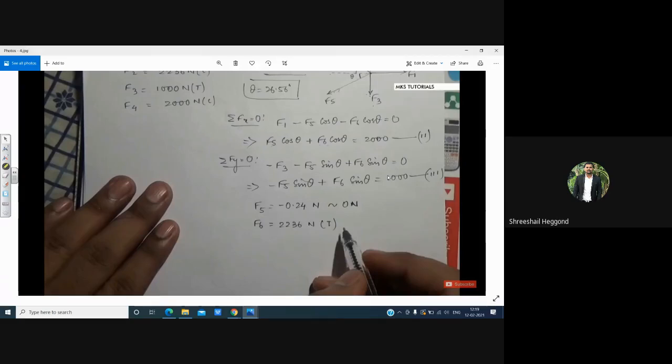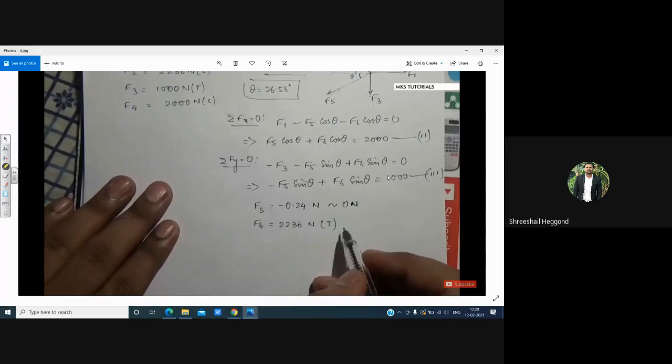The value of F5 will be 0.24, which you will get from the calculator. Compared to your 2000 and 1000 member forces, 0.24 is a negligible value, therefore we'll write it as a zero force member.